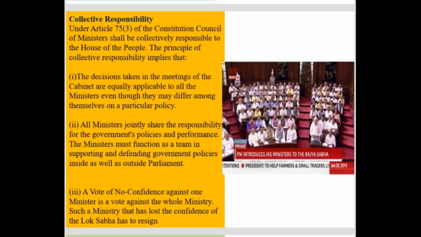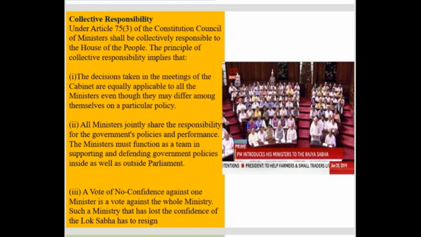Let us now study the collective responsibility of the Council of Ministers. The Council of Ministers includes the prime minister, cabinet ministers, deputy ministers, and all other ministers. Under Article 75, subclause 3 of our constitution, this collective responsibility has been described. What do we mean by collective responsibility?